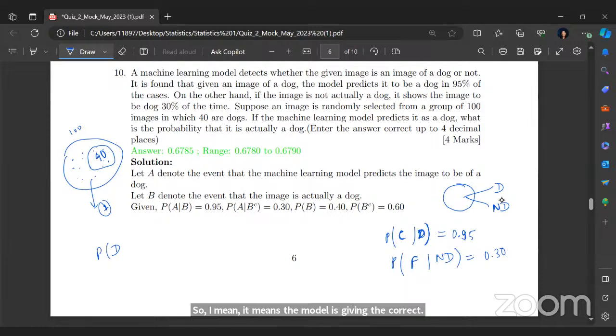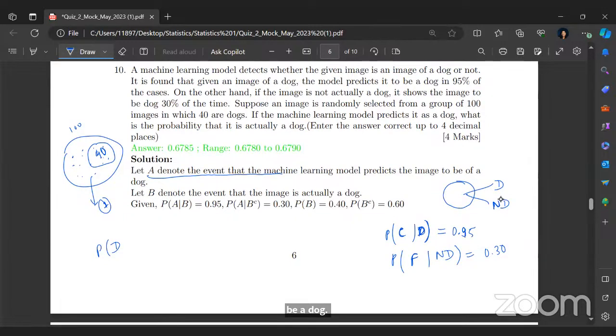So let's define some events here. Let's denote the event A as the event that the machine learning model predicts the image to be a dog, and let's denote another event B as the image is actually a dog.